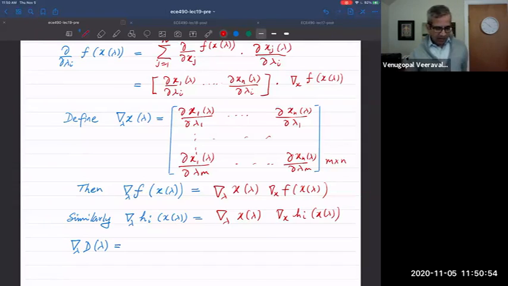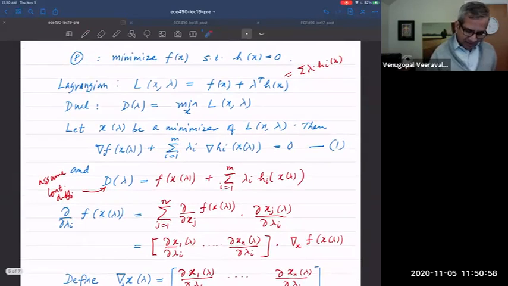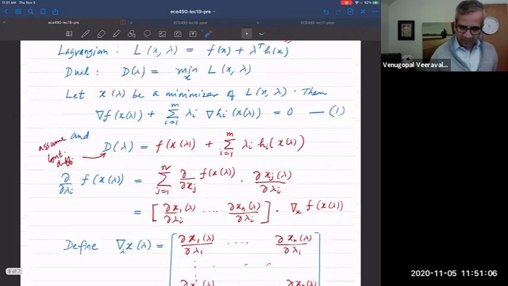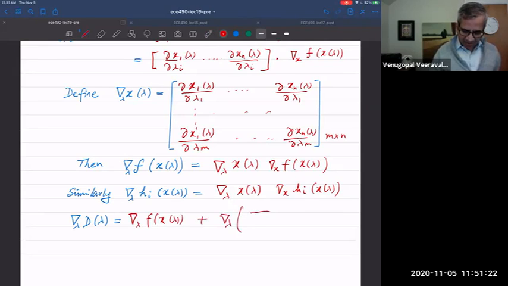All right, so then using the fact that d lambda is the sum of these two things, I get that the gradient of d lambda with respect to lambda is the gradient of this plus the gradient of this. So it's the gradient with respect to lambda of f of x lambda plus the gradient with respect to lambda of the summation.